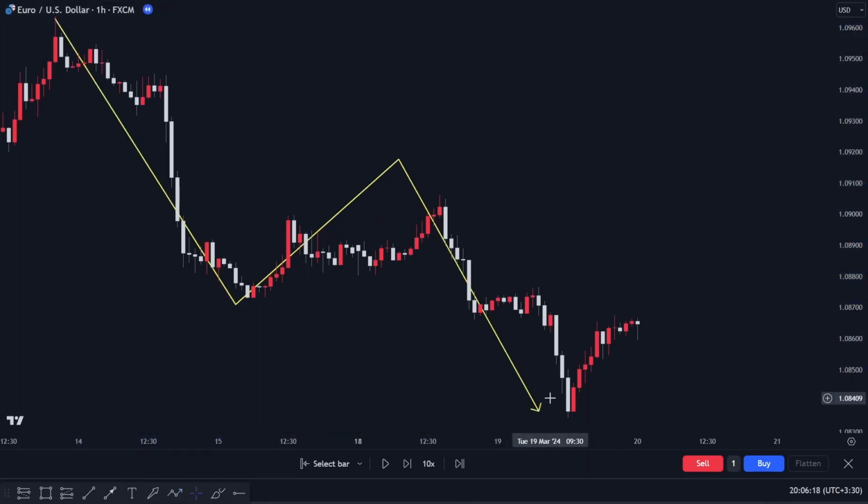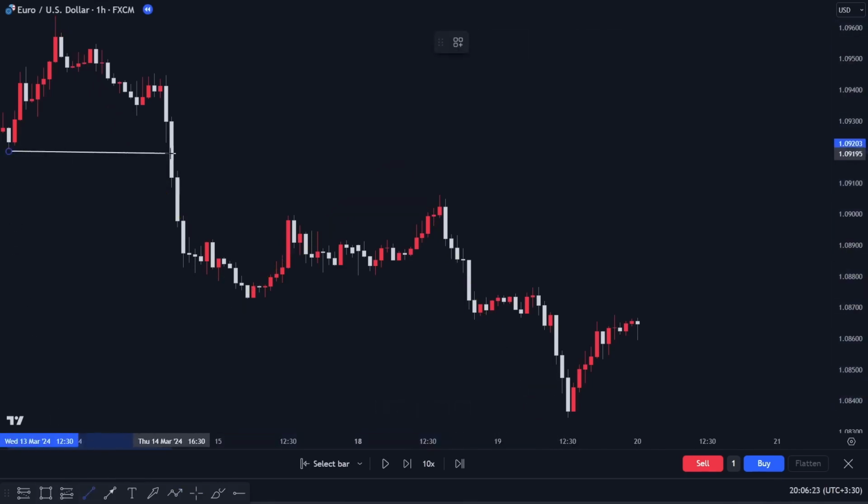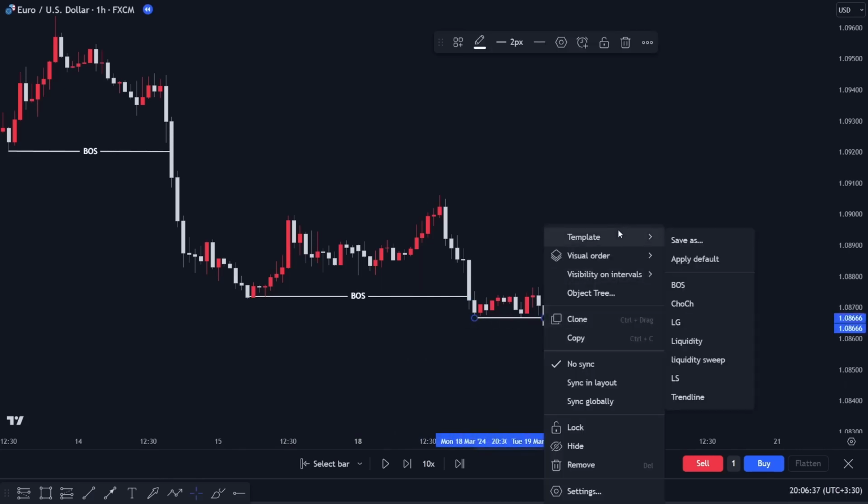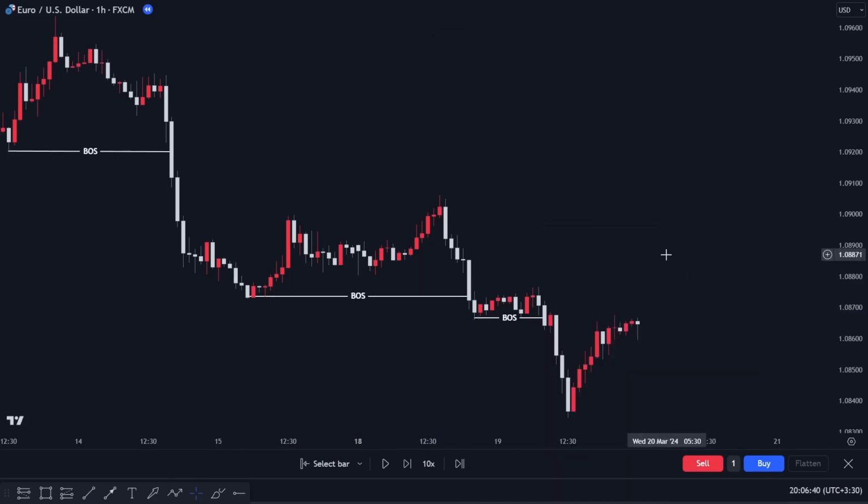Currently, the price is in a downtrend, having formed bearish breaks of structures to the downside. At the extreme end, we have an unmitigated order block.